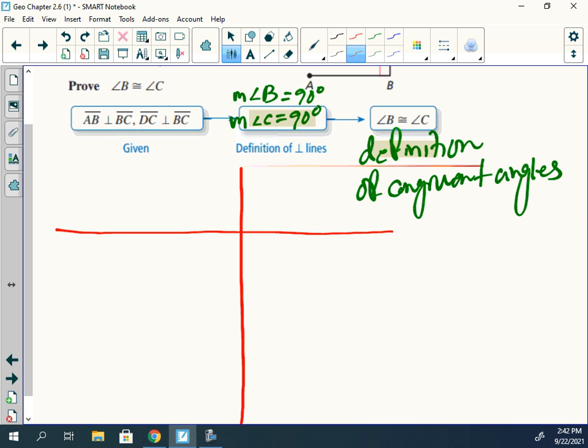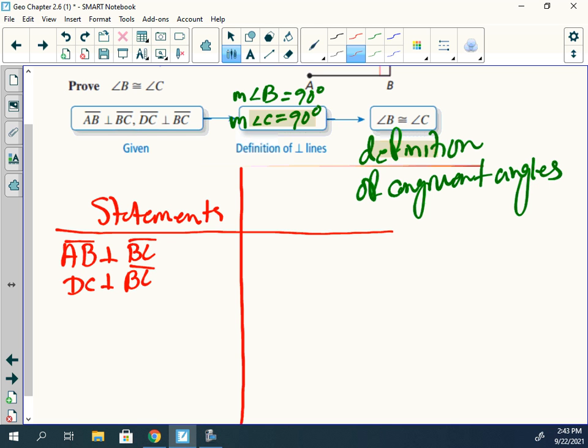Now, if we wanted to write a 2-column proof of this, we can start off with our statements. Well, we would just start off with the given. AB is perpendicular to BC, and DC is perpendicular to BC.